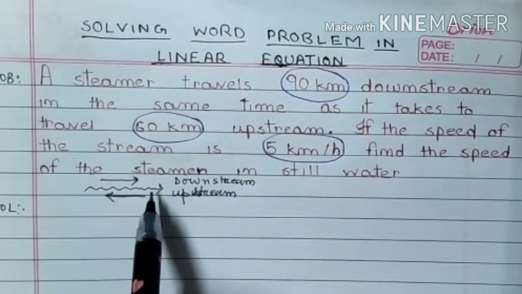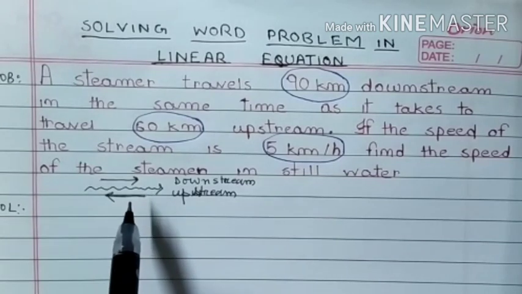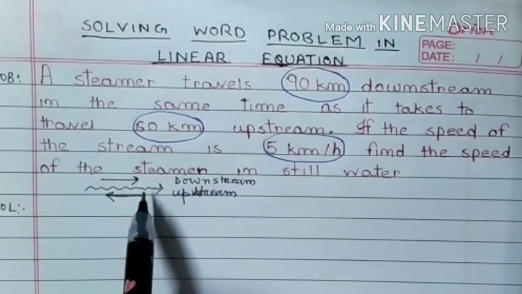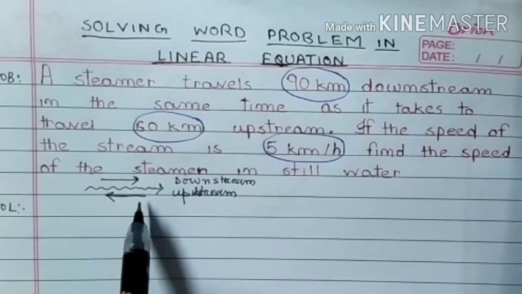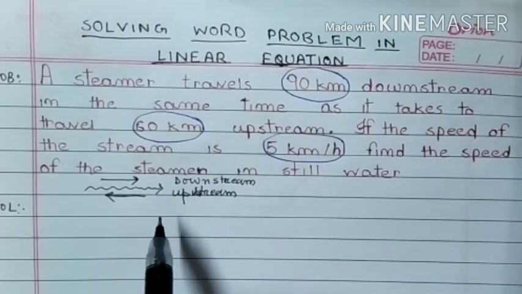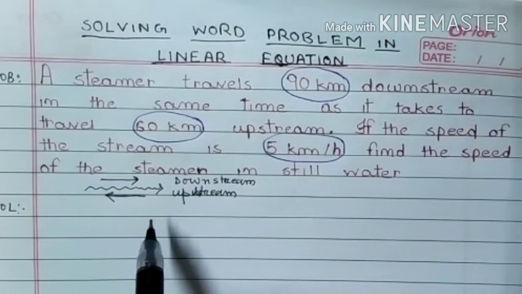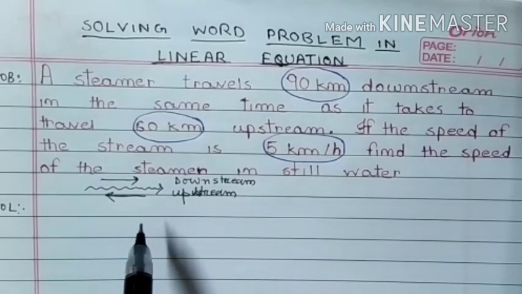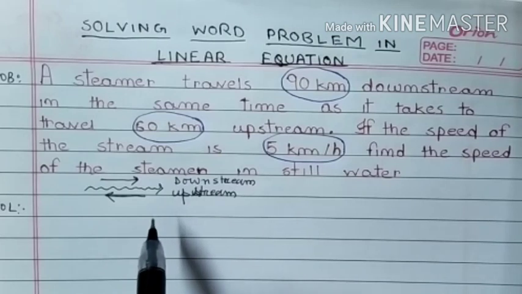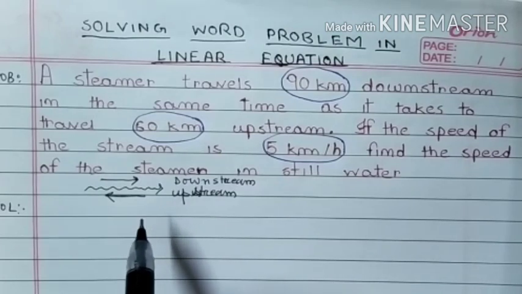If you are going in the same direction as the stream, it is called downstream. If you are going against the stream direction, it is called upstream. It is always very difficult to go against the stream. That means if you are traveling upstream, it always takes more time. If you are going downstream, it will take less time.